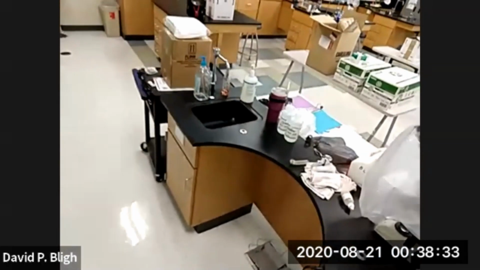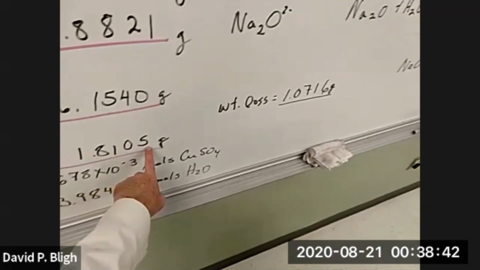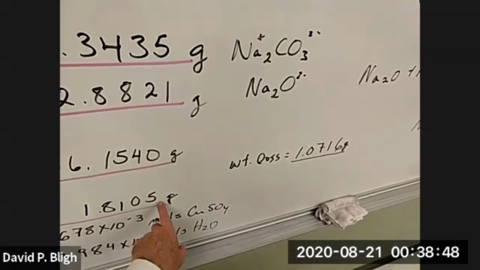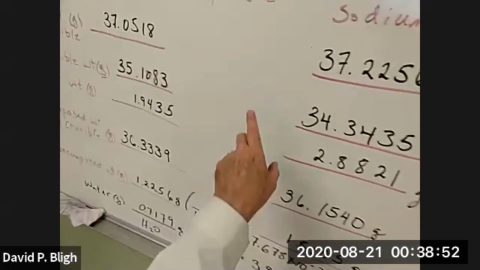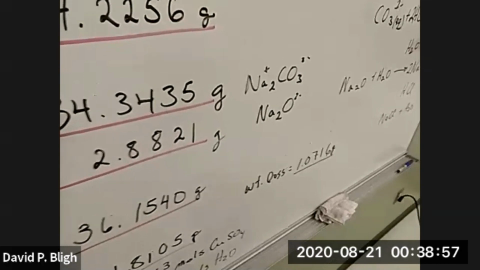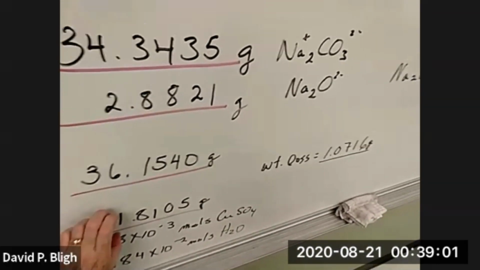Now, the document that I put in Blackboard also gives you a quantitative way. Why? Because this solid, if you take that and convert it to, let's see, we know how many moles this is because we know the formula. So it's that many moles. And that many moles decomposes to give you so many moles here.